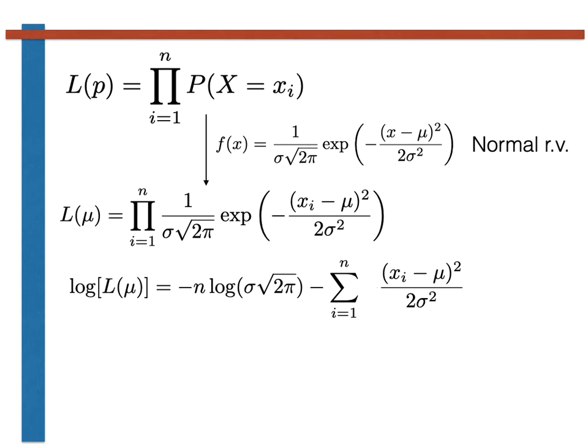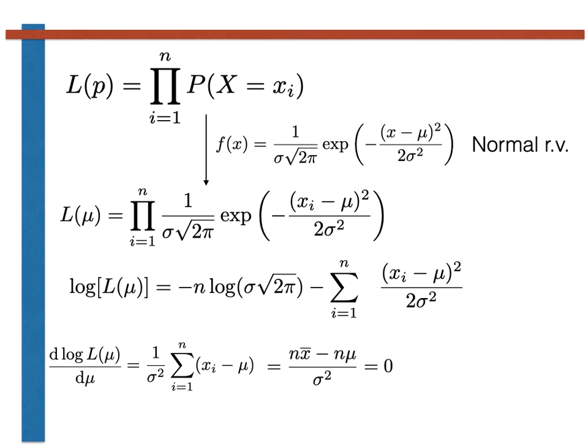To find the maximum, we need to differentiate this expression with respect to the parameter. In this case, we're going to differentiate with respect to the parameter mu. When we do so, we find that this derivative is equal to the expression shown here. Notice that we can write the sum over all xi as n multiplied by the sample mean, as shown here.